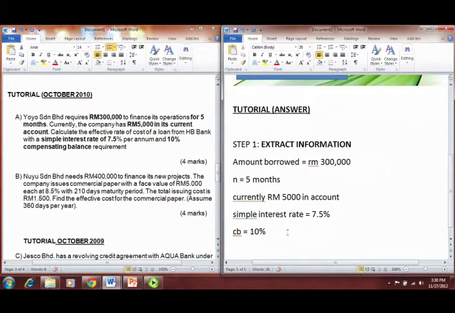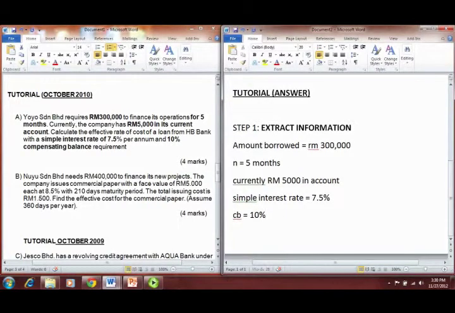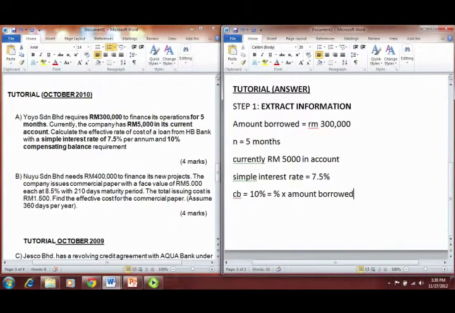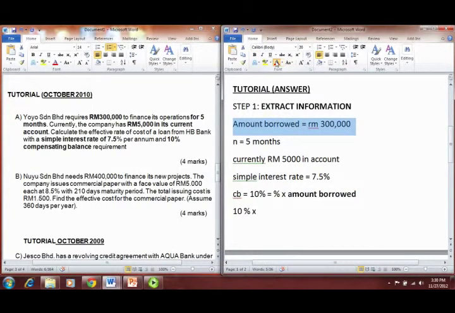Compensating balance is your 10%. So the formula for compensating balance is CB percentage times your amount borrowed. Based on your information, 10% times your amount borrowed. From where do you get your amount borrowed class? As you can see in step 1, this is your amount borrowed, 300,000.